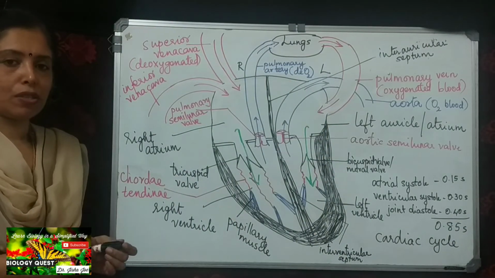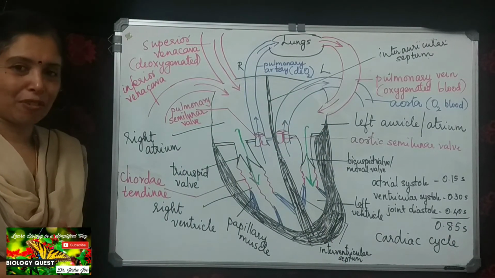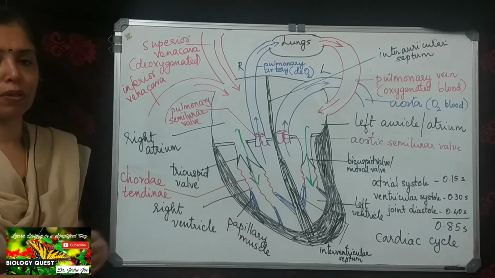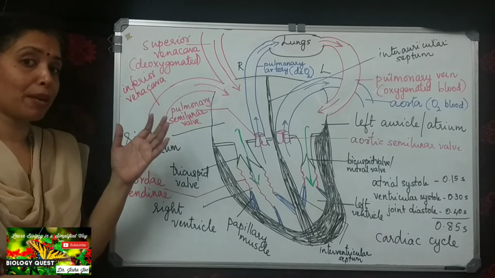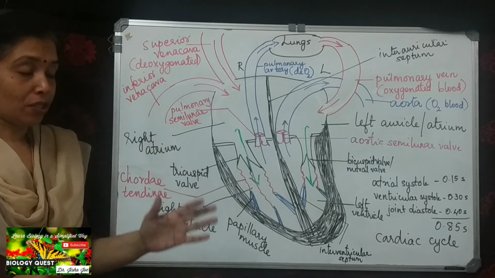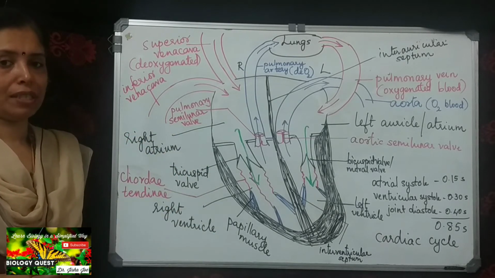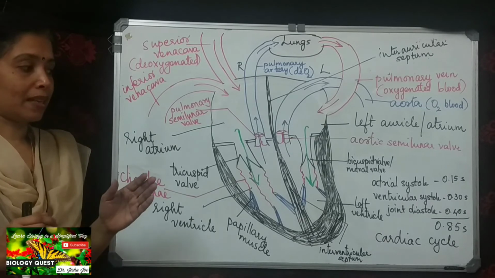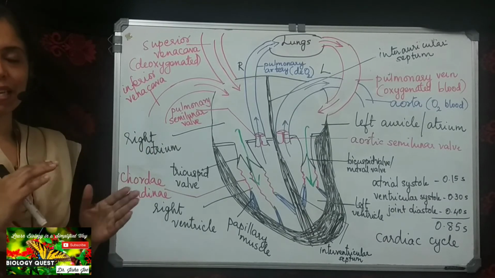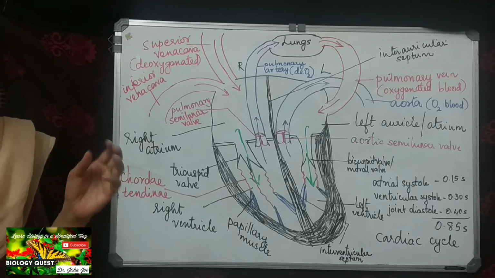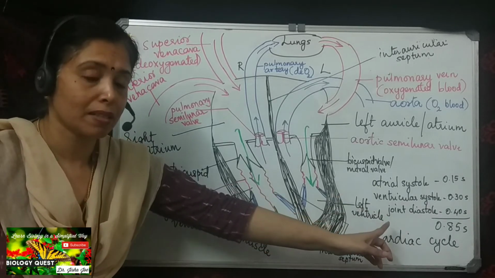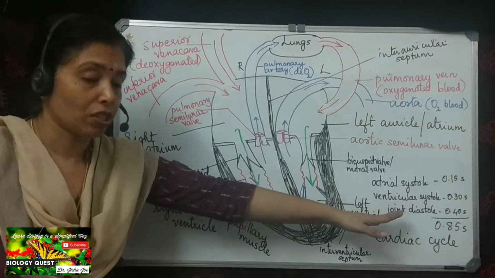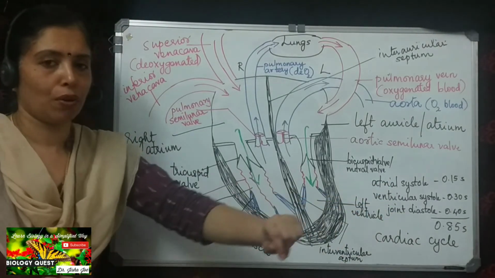I hope you have understood the circulation of blood in the heart and the cardiac cycle. Hope you have understood what is meant by atrial systole, ventricular systole, and joint diastole. Once again, the entire sequence of events taking place during a heartbeat is called the cardiac cycle, and it has three phases: the atrial systole, ventricular systole, and the joint diastole.